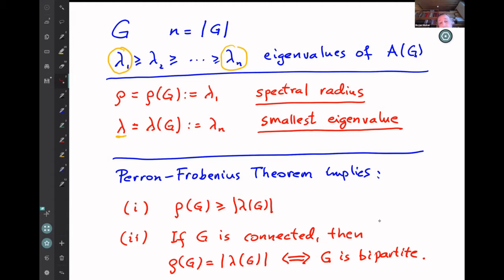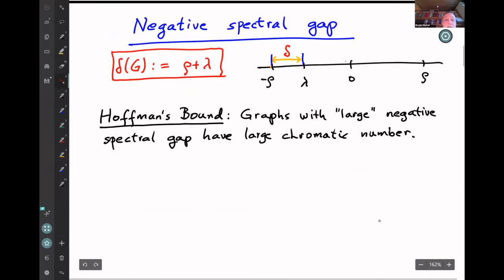Now, the common theme of today's talk will be: what can we say if a graph is not bipartite? In that case, lambda must be smaller than the spectral radius in magnitude. How much smaller? This is what I will call a negative spectral gap.